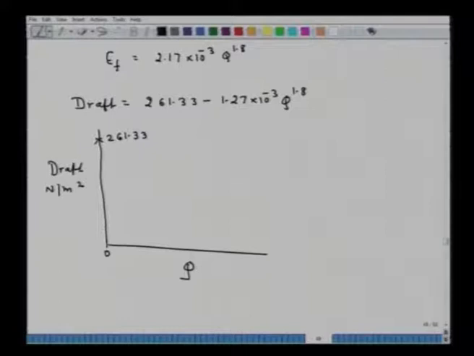Now when the draft is equal to 0, you have to put draft equal to 0 and find out the value of Q. So Q will come out to be equal to 895.06 in meter cube per second. So something like this, that curve will go. So you have to see how this curve runs here. Q will be in meter cube per second.